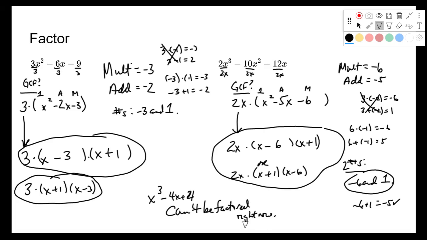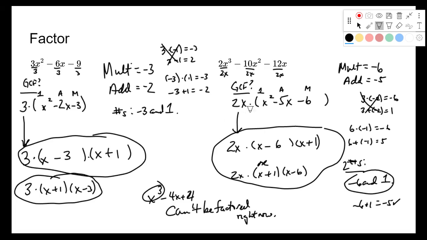That's not something we can do. It has to say x cubed. Or, I'm sorry, it has to say x squared. That's why we took out the 2x up here, because you can't factor 2x cubed. It has to say x squared right now.